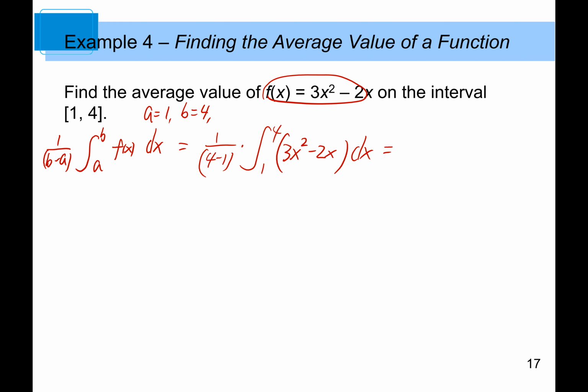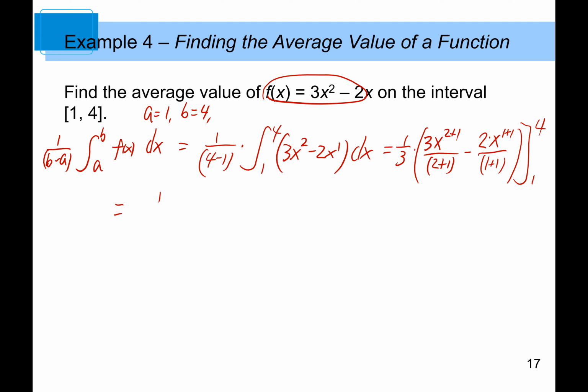So simplify the coefficient, it becomes 1/3. And let's apply the power rule here. Apply the power rule on the second one as well. By default, there's an invisible 1 as the exponent in the second term. This is from 1 to 4.